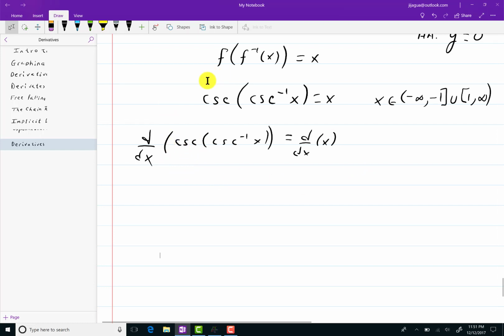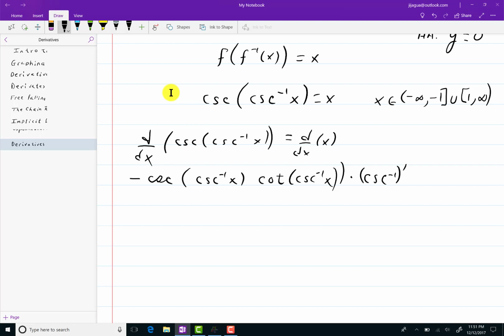So let me go ahead and put that in. So I'll have negative cosecant of cosecant inverse of x times cotangent of cosecant inverse of x times the derivative of cosecant inverse of x. So I have csc inverse prime of x, and as usual this equals 1.